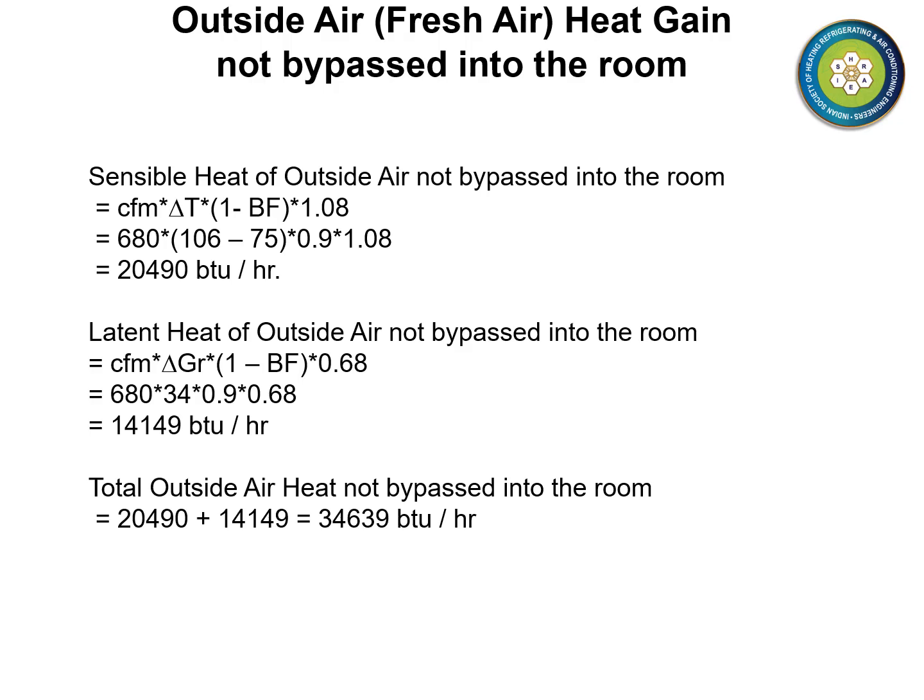The sensible heat of outside air not bypassed into the room works out to 20490 BTUs per hour. The latent heat of outside air not bypassed into the room works out to 14149 BTUs per hour. So, the total outside air heat gain not bypassed into the room is 34639 BTUs per hour.